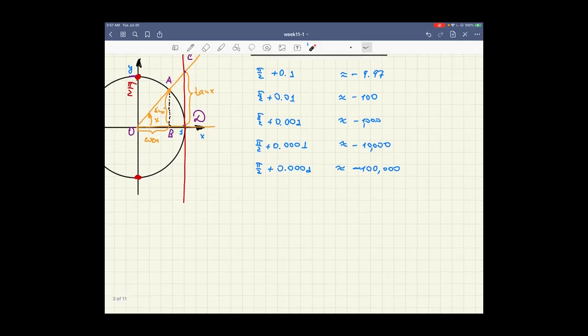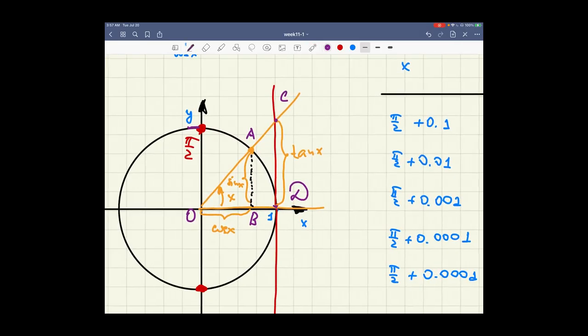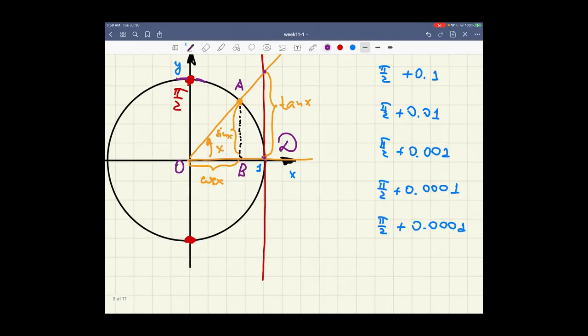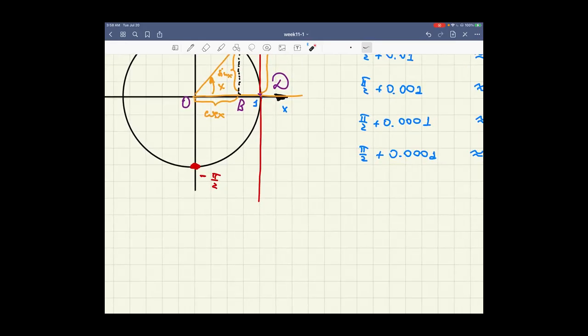It's also interesting to see what happens when you look at points on the other side of pi over 2. We can actually try numbers here near negative pi over 2, just out of curiosity. Negative pi over 2, but in the fourth quadrant. So negative pi over 2 plus something.